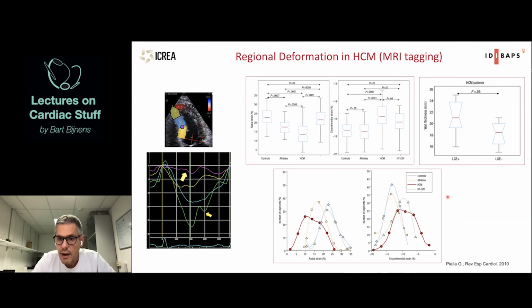When we look at some hypertensives, you could see that you have some reduced deformation, and there might be a little bit of widening of the distribution, but it's very often a shift of the distribution itself, not a full widening.